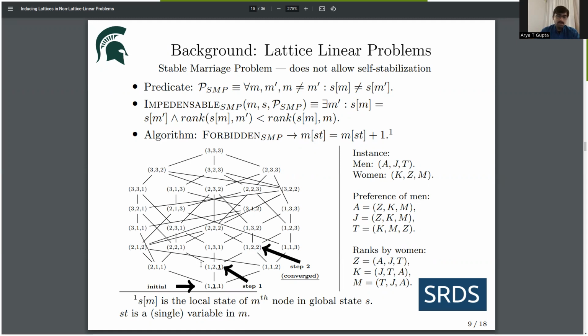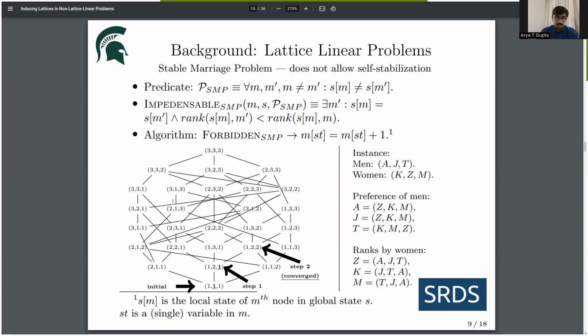In this example, we make some observations about the properties of such a system. The states that the nodes visit form a total order, because a man only moves forward from choice 1 to choice 2 to choice 3, and there is no point coming back. So the states that the individual nodes visit form a total order.